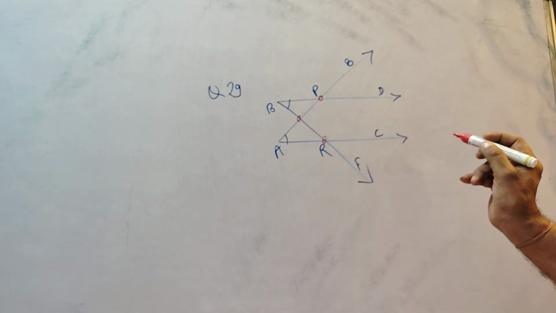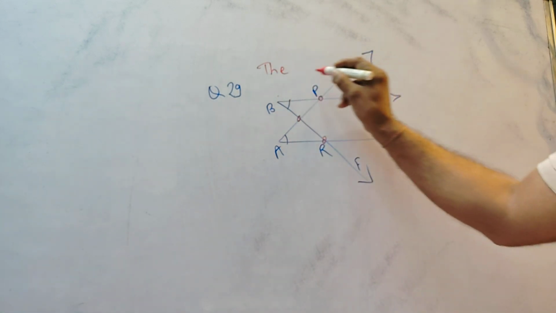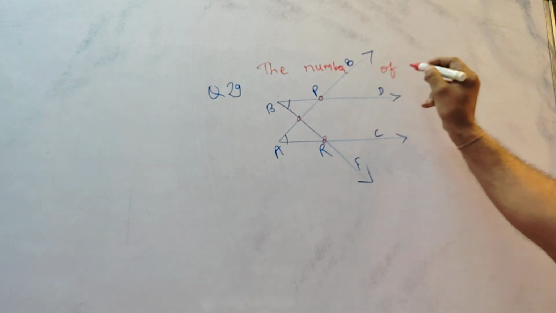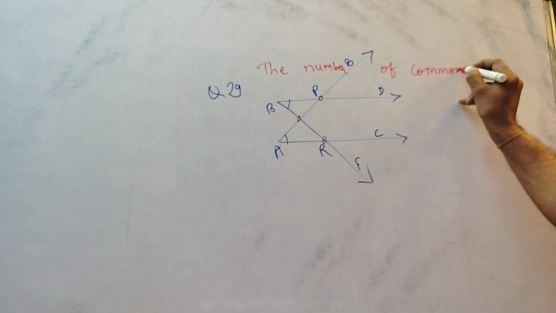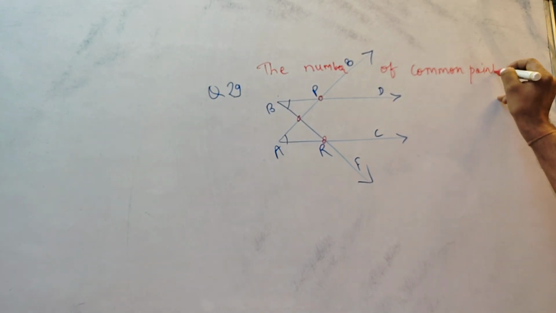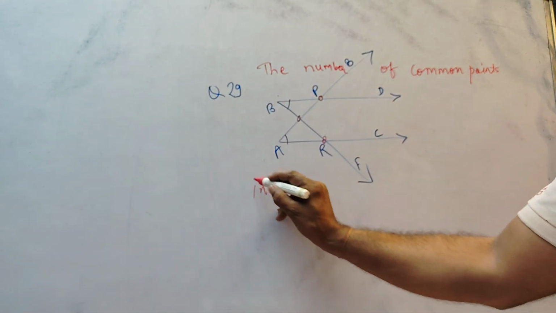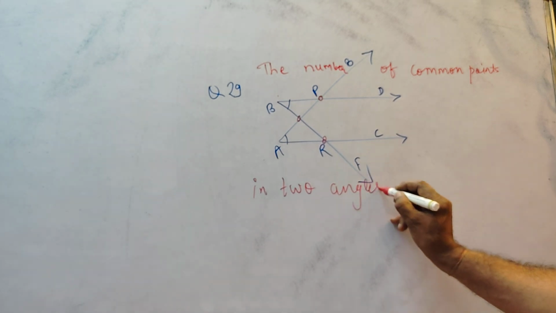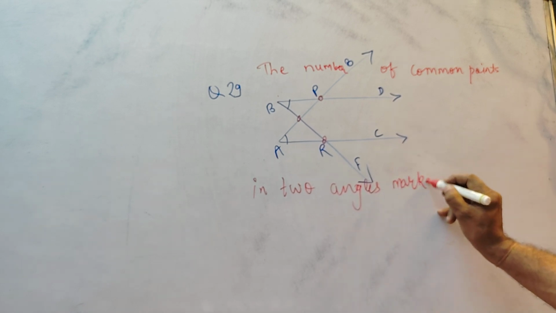Where is the Q? Yes, Q is there. The number of common points in two angles marked in the figure is.